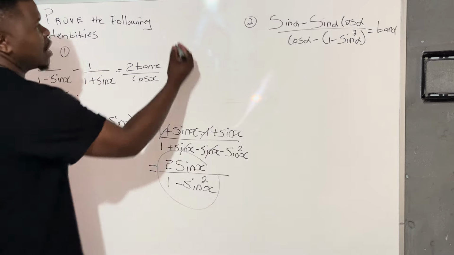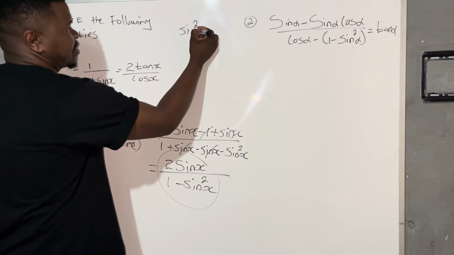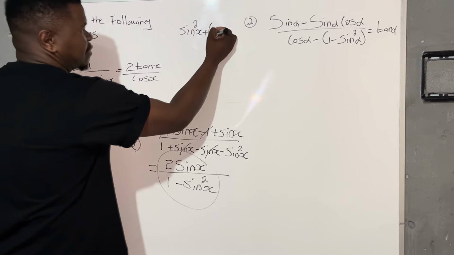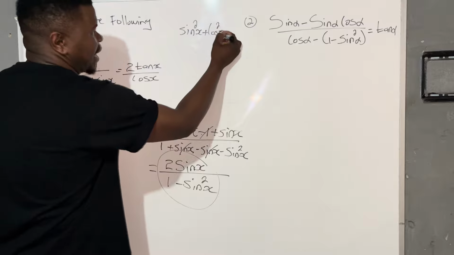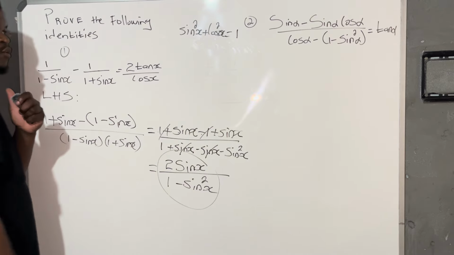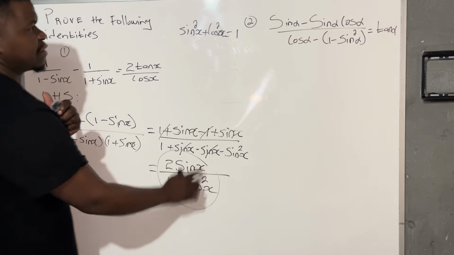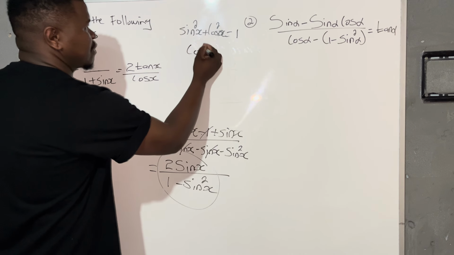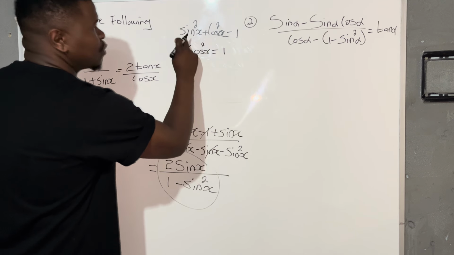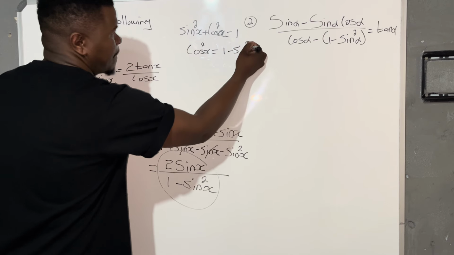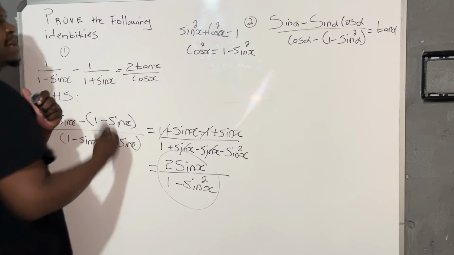Let's check on this. If we have sine squared x plus cos squared x equals 1, we know this is the square identity. When I see 1 minus, that means I can now do this. If I transpose sine, you just work around this by changing.